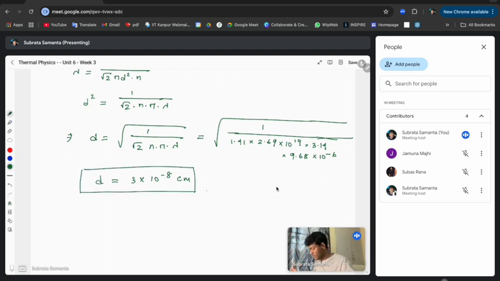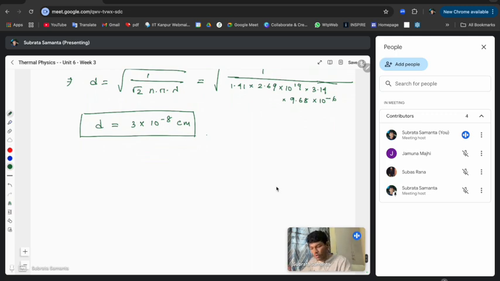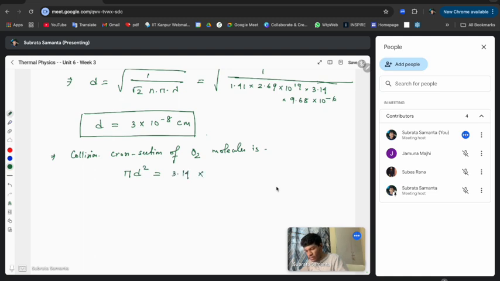Now the collision cross section is basically pi d square. Once you know d, the diameter, the collision cross section of the O2 molecule is pi d square: 3.14 times 3 times 10 to the power minus 8, whole square, unit is centimeter square.